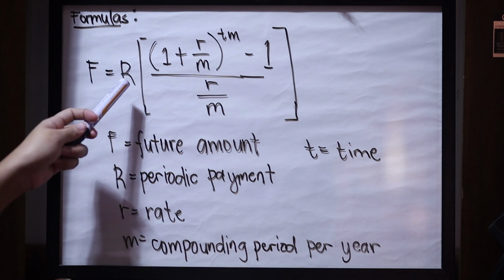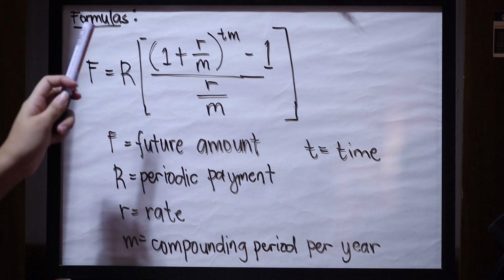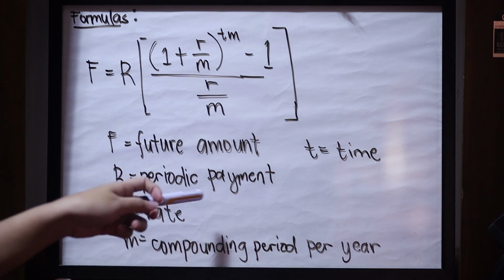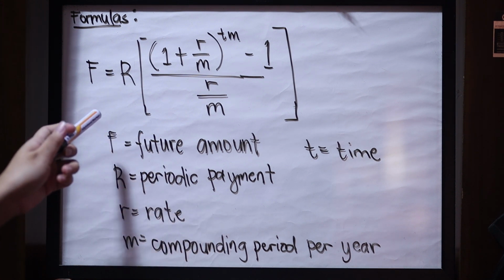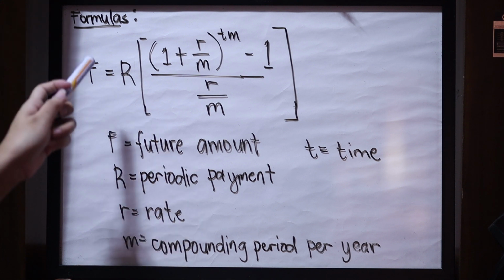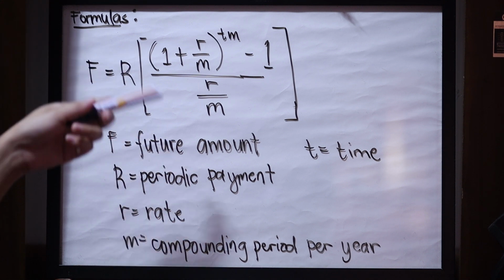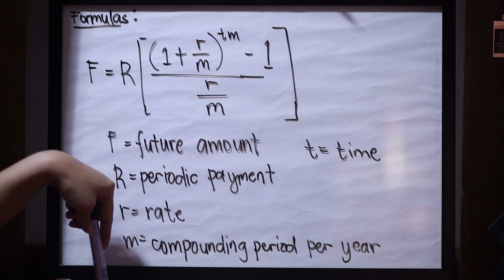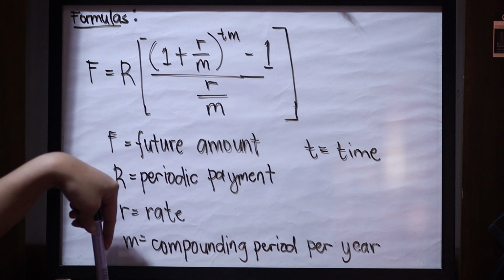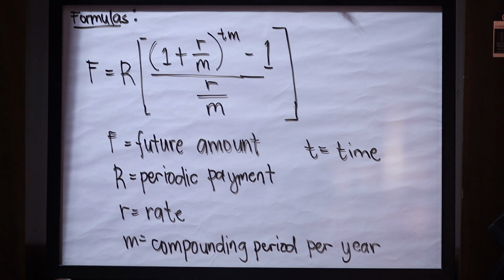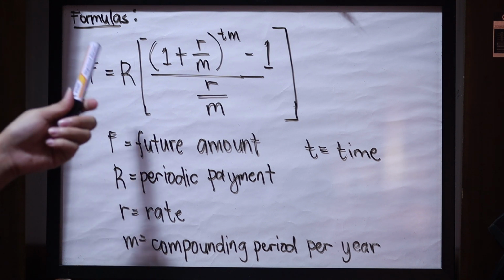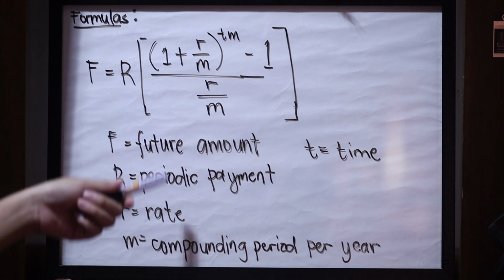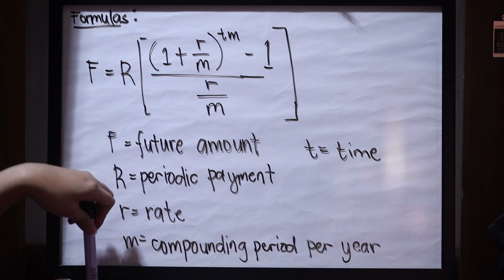R is just a variable that represents periodic payment, pero there are times na R is not the variable that is being used in the given equation because, halimbawa, different yung book or different yung annotation na ginagamit nila.